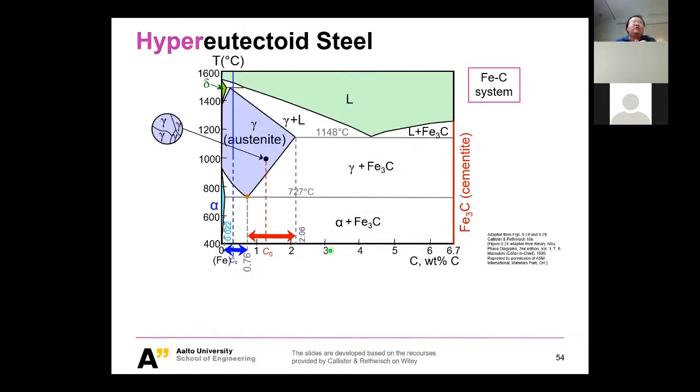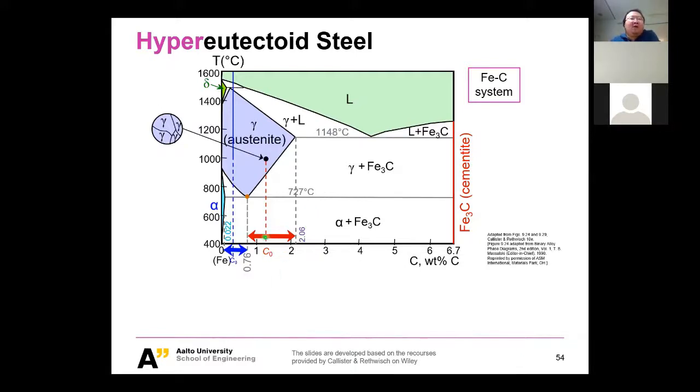Now we're moving to hypereutectoid steel. And this is nothing new. It is exactly similar to what we just learned. You just need to pay a little attention to the range in the iron and carbon phase diagram.